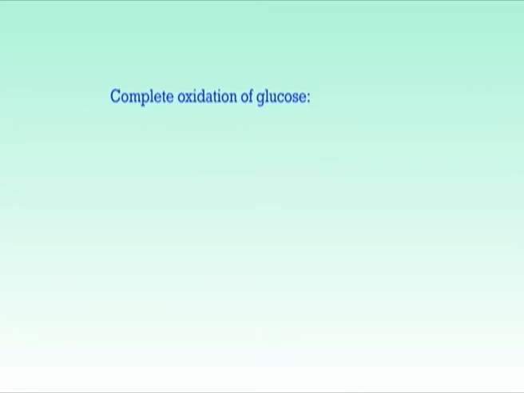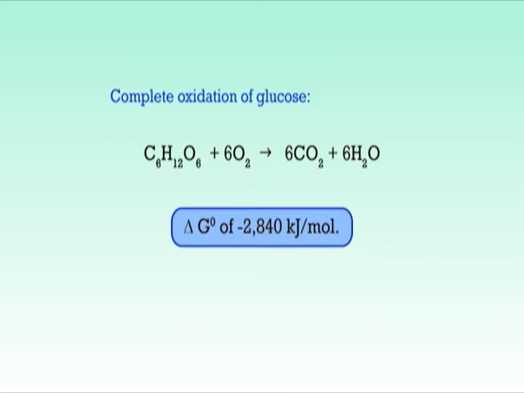The complete oxidation of glucose, which is one glucose molecule plus 6 molecules of oxygen, giving 6 molecules of carbon dioxide and 6 molecules of water, has a standard free energy change of minus 2840 kilojoules per mole. This is a much larger release of free energy than is required for ATP synthesis, which is about 50 to 60 kilojoules per mole.